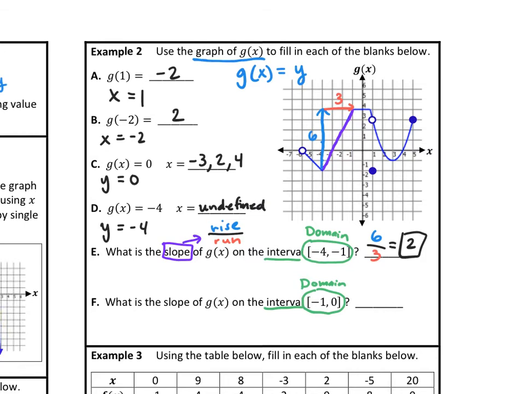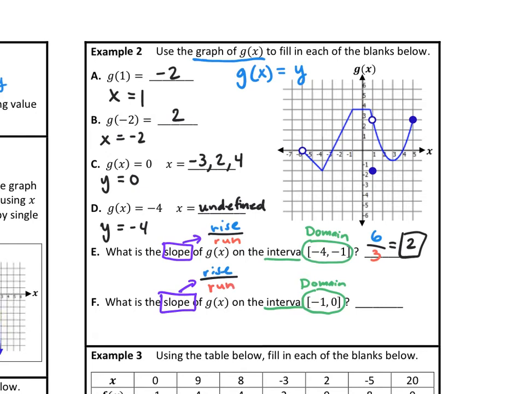And again, feel free to pause the video. I'm going to go ahead and erase my work so that I can look at the next example. The next example is, again, asking for slope. So just remember, slope is rise divided by run.